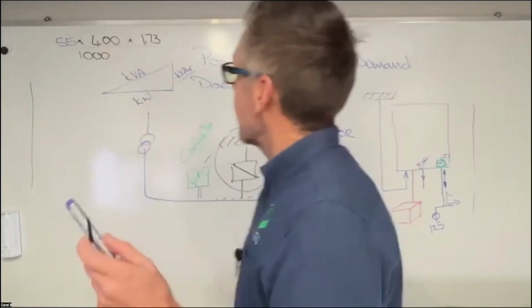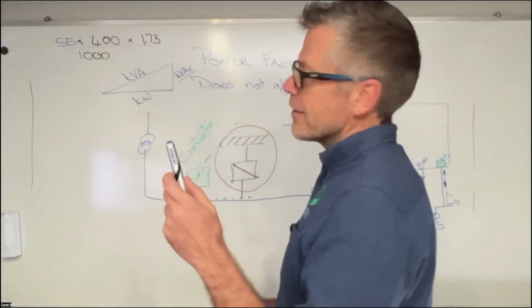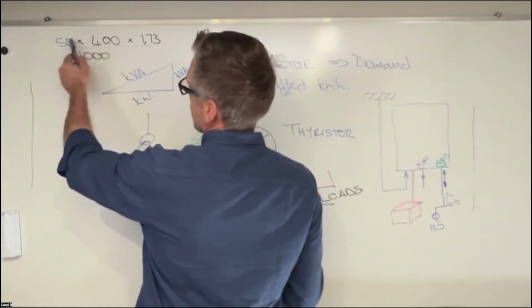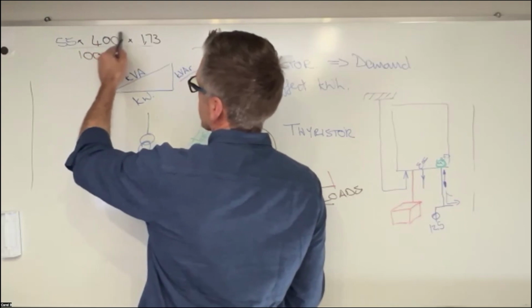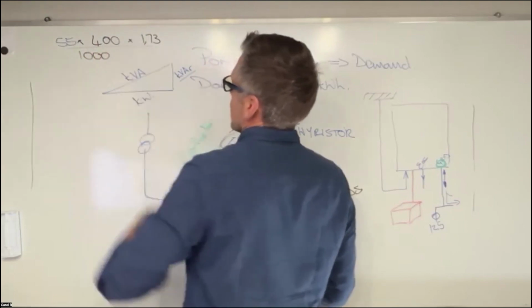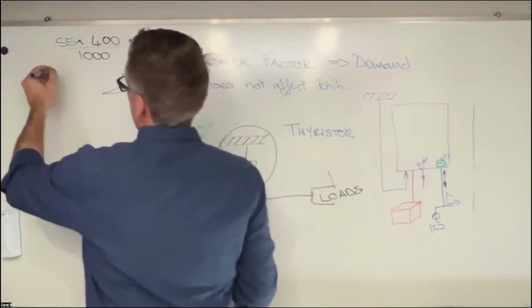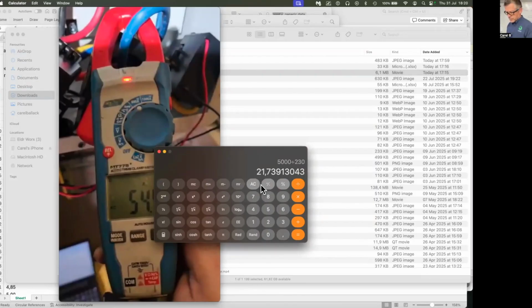Now, if we take 55 amps and we multiply it by the voltage, so amps multiplied by voltage multiplied by the square root of 3 because it's three-phase power, and we divide that by 1,000, 55 times 400 times 1.73 divided by 1,000.